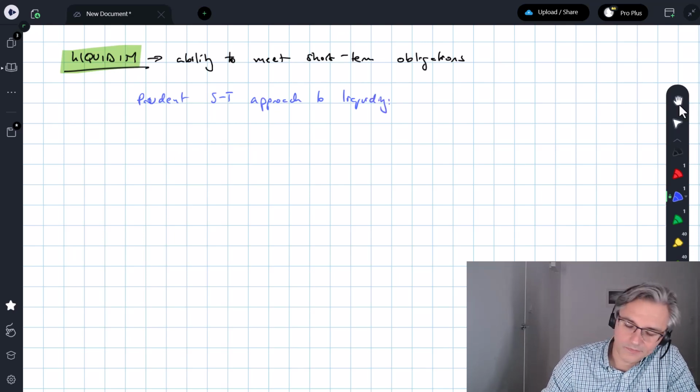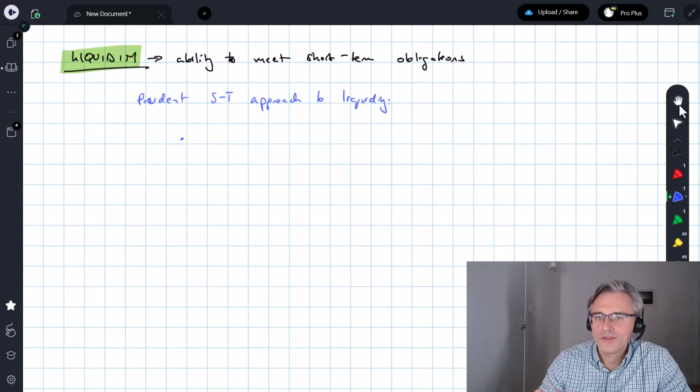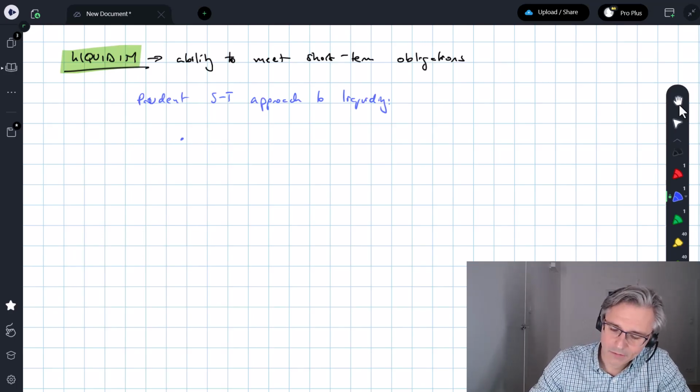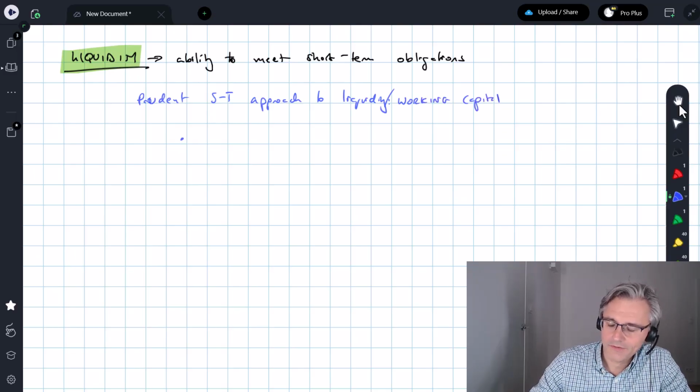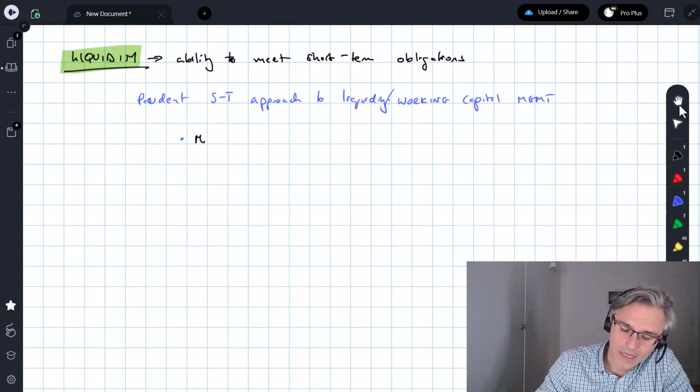And it says, now these are quite arbitrary, so I'm just going to quickly list them, but I think there are so many different points one should also consider. You can say this is liquidity slash working capital management, because liquidity is very much connected with working capital management. First of all, maintain.